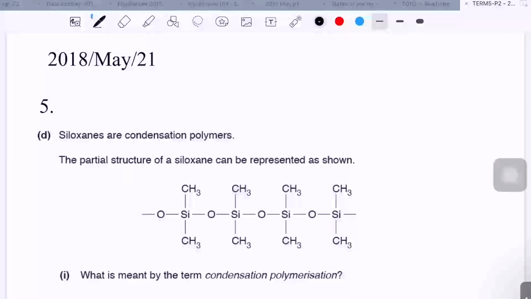Now you don't need any knowledge about siloxane. They have just given this polymer for the question, but they say it's a condensation polymer.